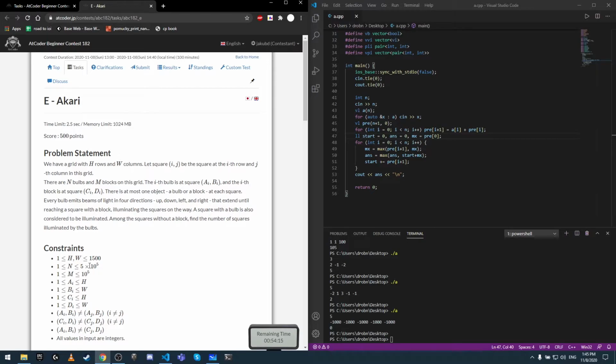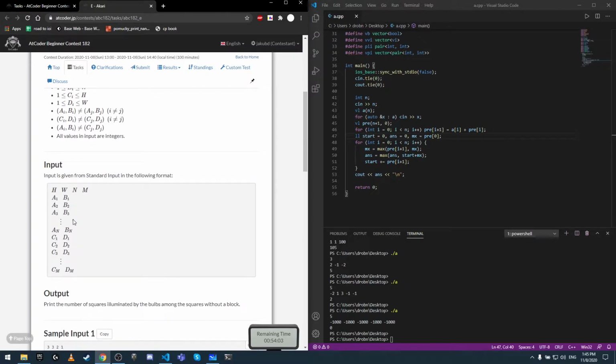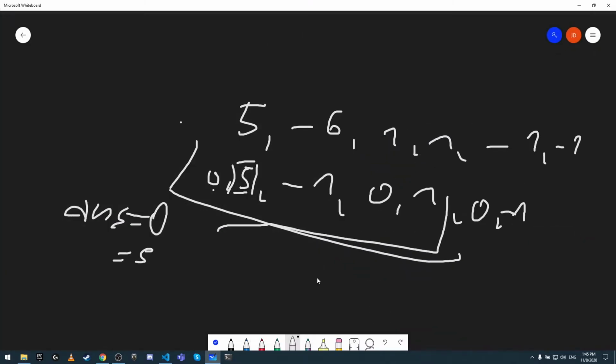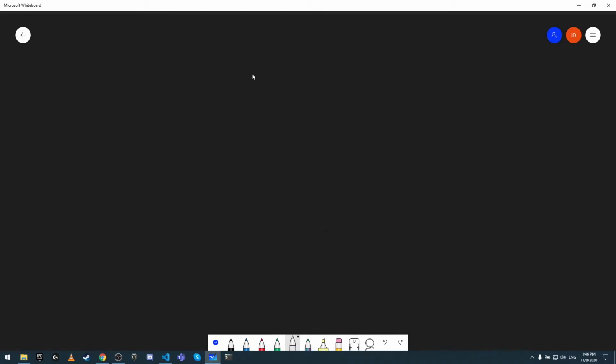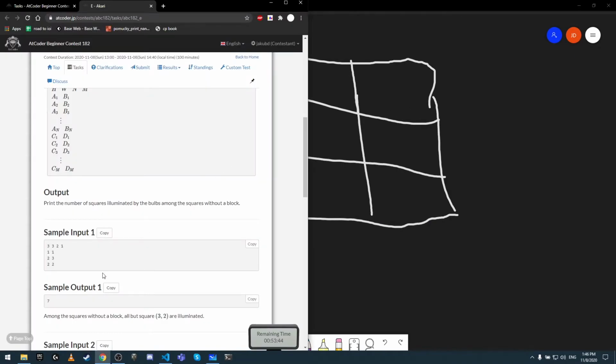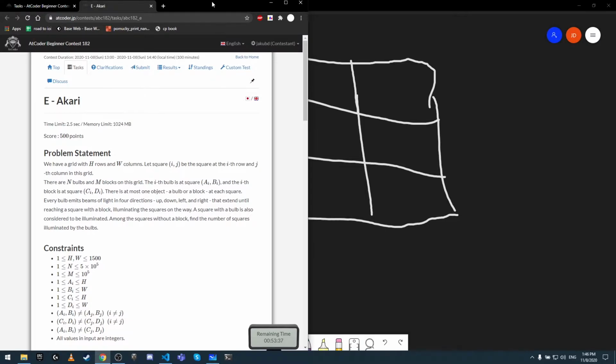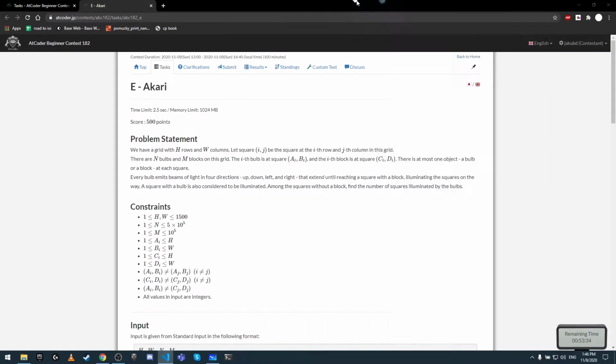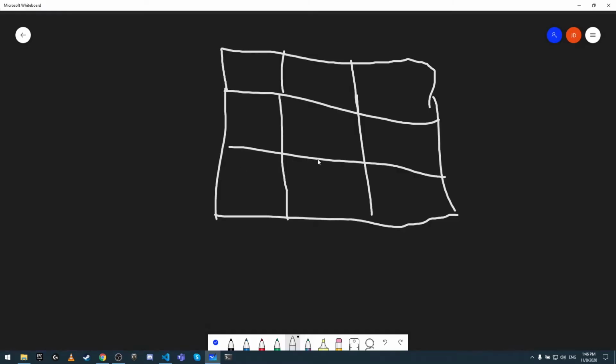So okay, this one is hard. So what it means is that we have a 3 by 3 grid with 2 bulbs and 1 block. Okay, so whiteboard.